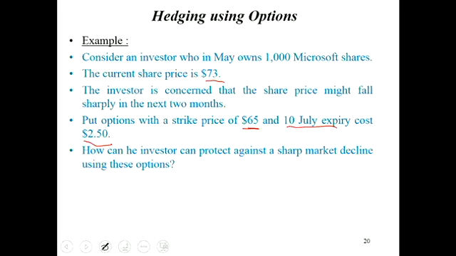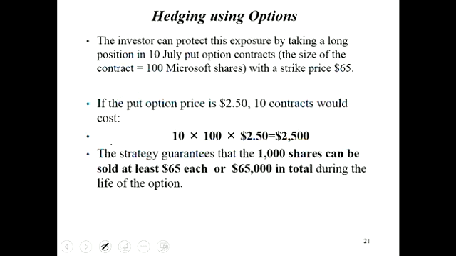So you have to pay for this protection if you want it. Okay, any questions on that? Right, okay. So there's the thing there. It costs you $2,500, and you can sell them at least at $65. But of course, you've got to drop off your $2.50 for the actual cost of it.